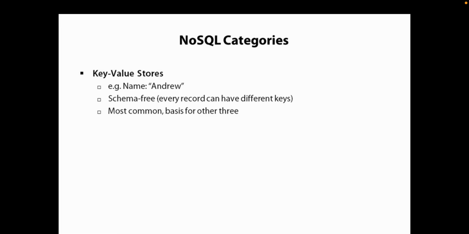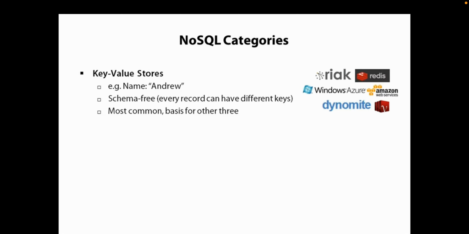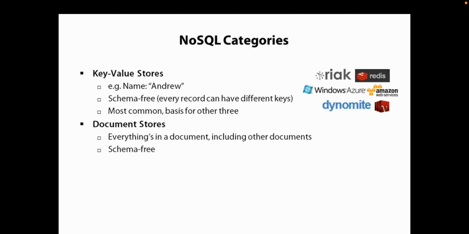It's just that they create a certain level of abstraction on top of what a key value store does. Here are some examples of key value store products: Riak, Redis, Windows Azure Table Storage, Amazon Web Services, SimpleDB and DynamoDB, Dynomite, and Voldemort.